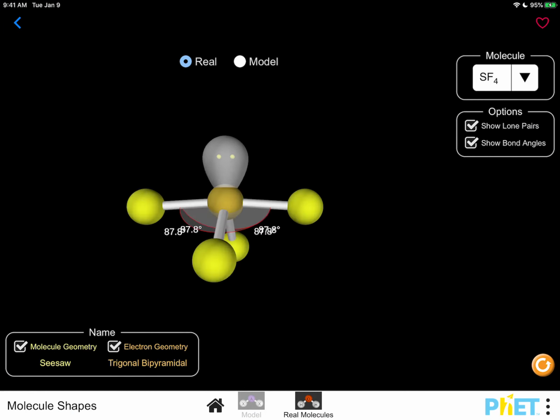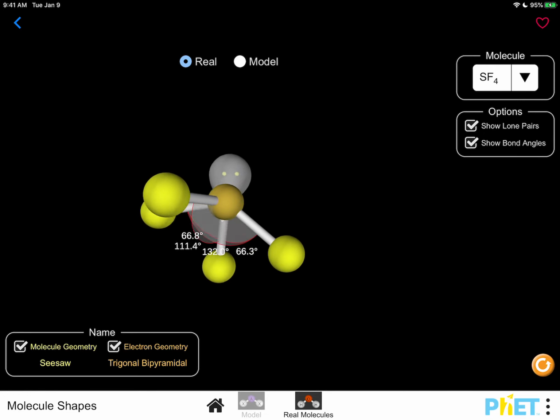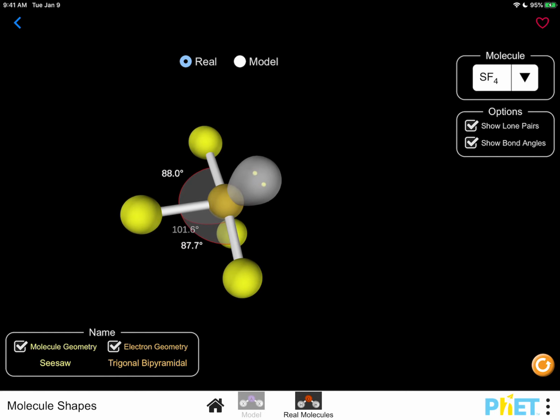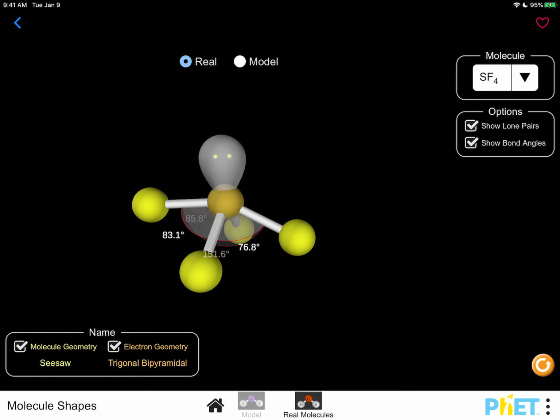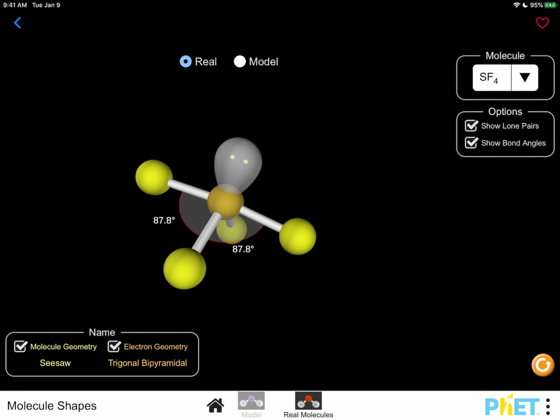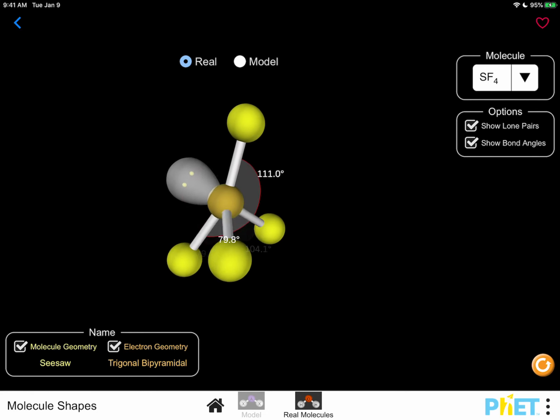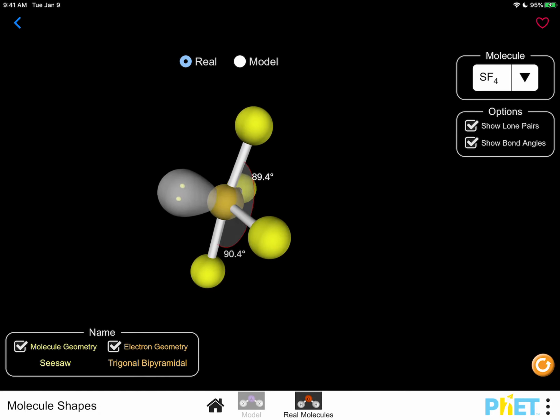We see SF4, and you can kind of see the seesaw. If we do it this way, like this, here's our seesaw. But let's orient it like I have it drawn.